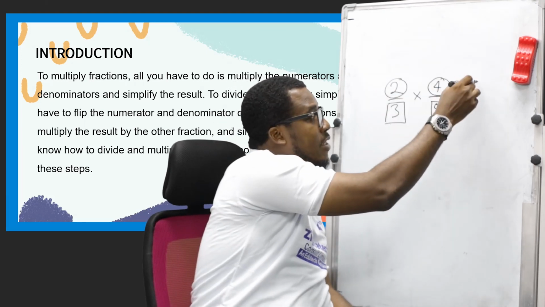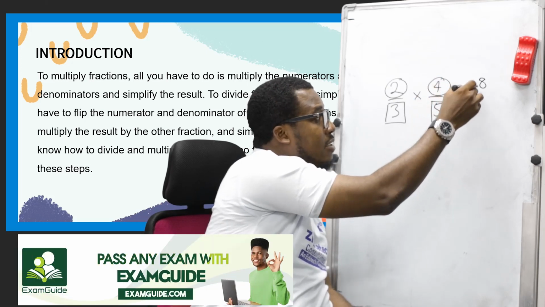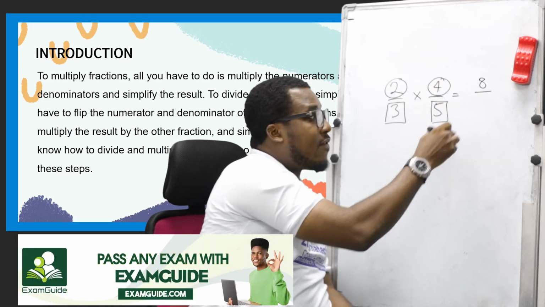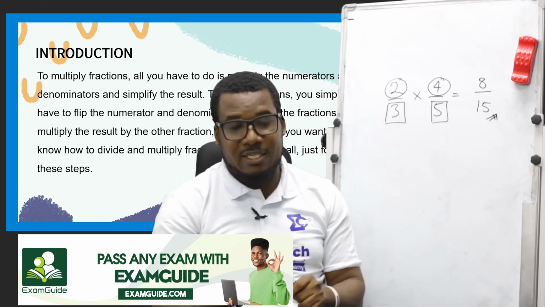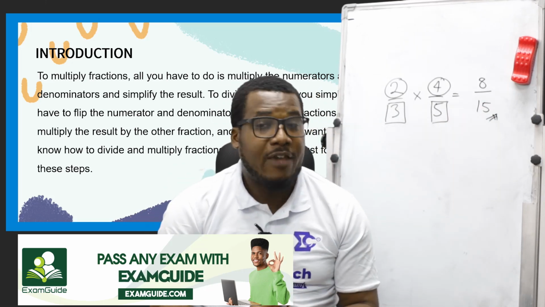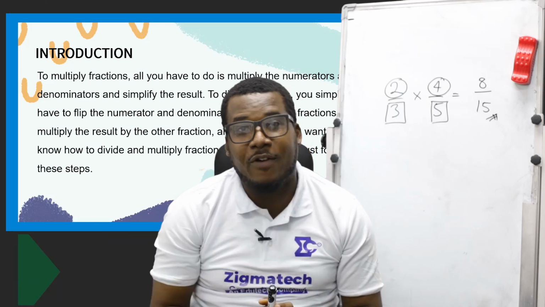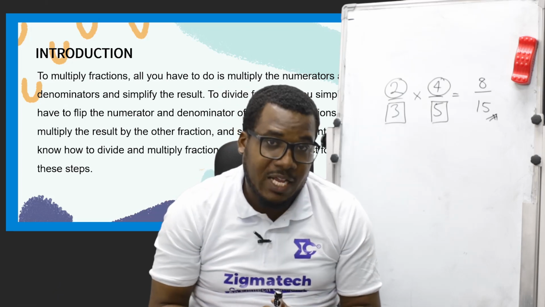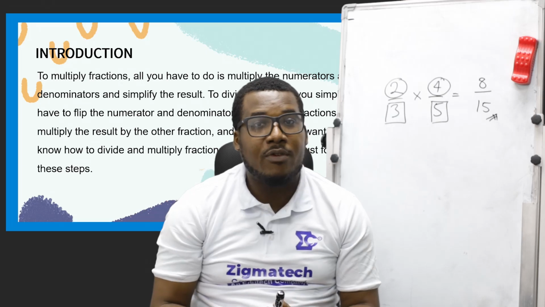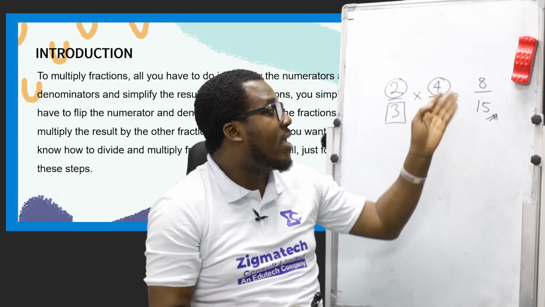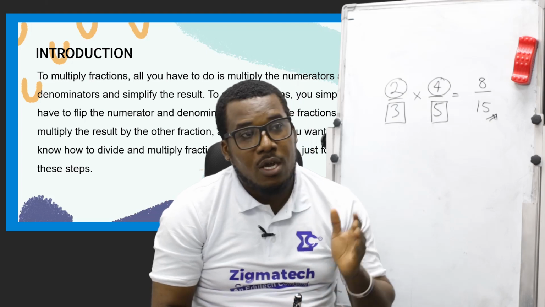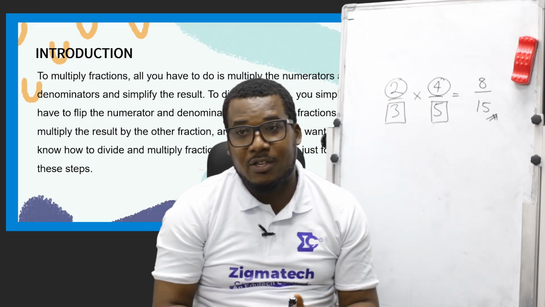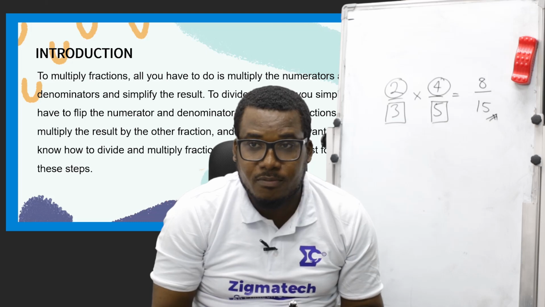So 2 times 4 is 8, and 3 times 5 is 15. And then the next one is simplify. Now if you look properly at this question, you'll find that you can't simplify it further. Why? Because there is no number that can go between 8 and 15 without giving us a remainder. Thus, 8 over 15 is the final answer or the final result.